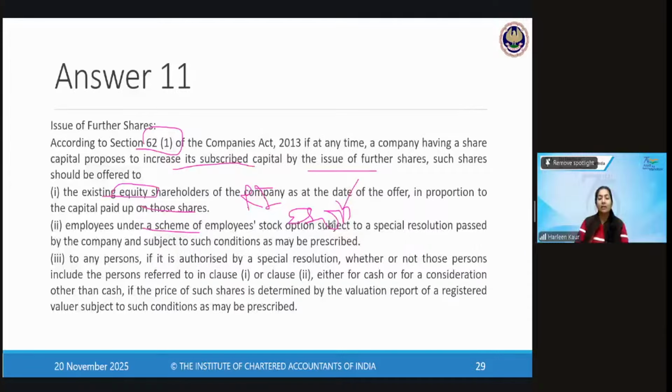Or to any person authorized by SR, whether or not these persons are included in the above categories, either for cash or consideration other than cash. 62 subsection 1 clause C में आप किसी और इंसान को भी दे सकते हो if the price of such shares is determined by the valuation report which has to be done by the registered valuer.